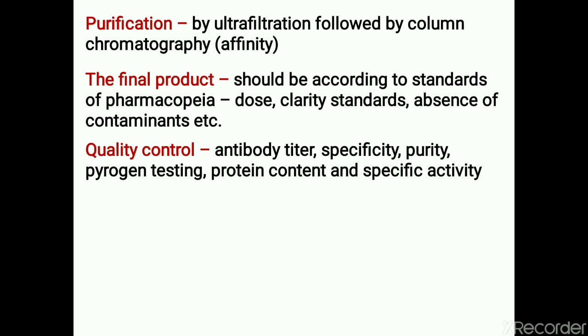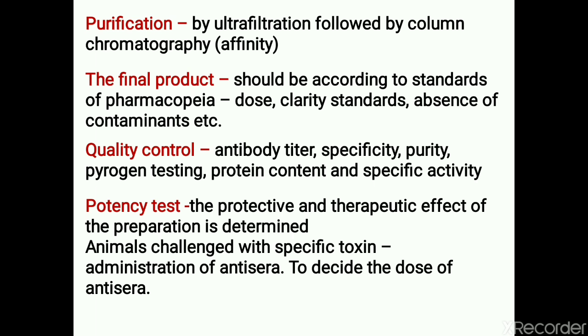Then the product should pass through several quality control tests that include measuring the antibody titer, its specificity, purity, pyrogen testing, protein content, and specific activity. Finally, the potency test is done in order to test the potential of the preparation. That means here the potential is measured in terms of its passive immunization, that is to neutralize a specific type of antigen.